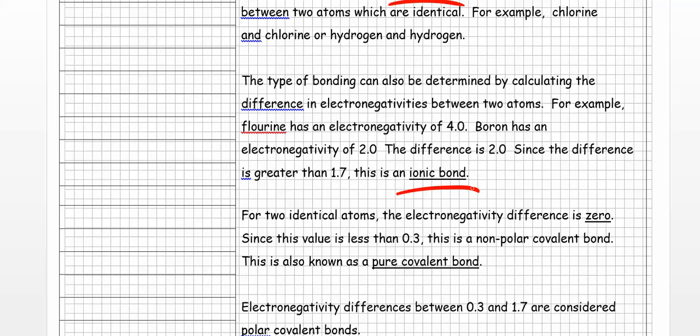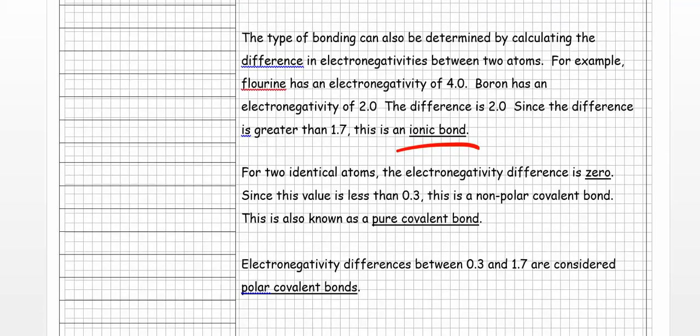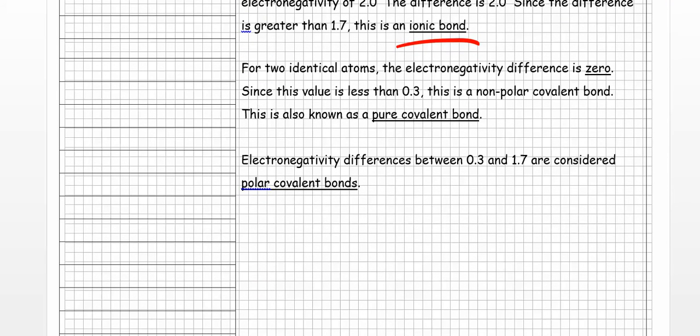Now, what if we have two identical atoms? Say, for example, fluorine and fluorine, or chlorine and chlorine, whatever the case may be, the electronegativity difference is 0. Since this value is less than 0.3, this is a nonpolar covalent bond. It's also known as a pure covalent bond. So pure and nonpolar mean the same thing. Okay?